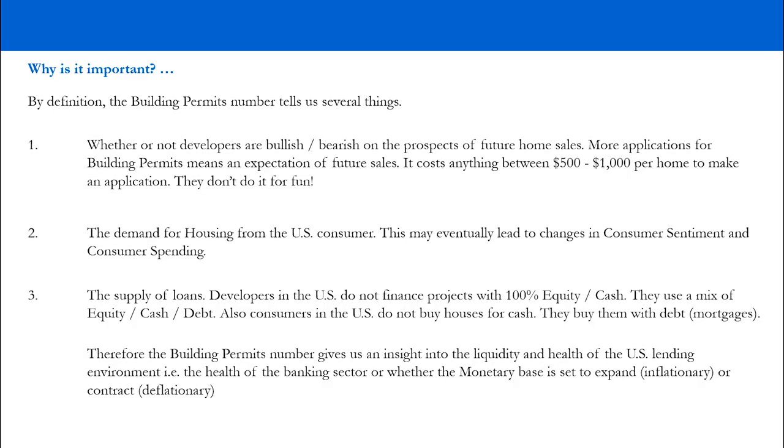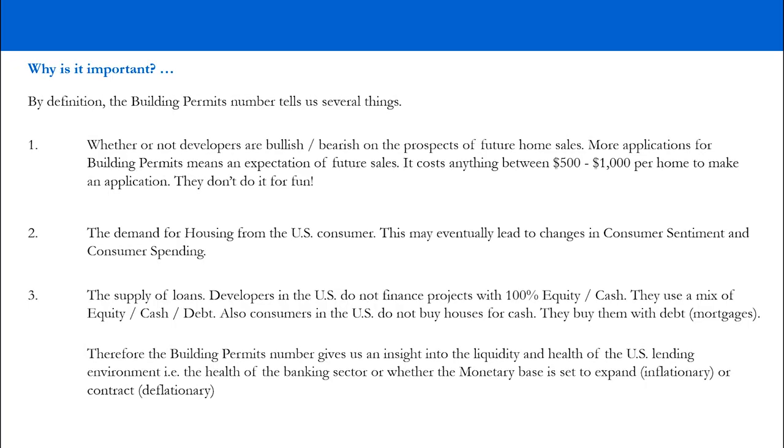Because the more permit applications that go into local state planning departments, the higher the expectation of future sales. It actually costs money to make a planning application. It costs anything between $500 to $1,000 per home to make the application. And of course, these guys don't do it for fun.